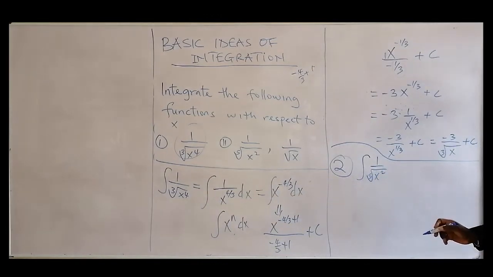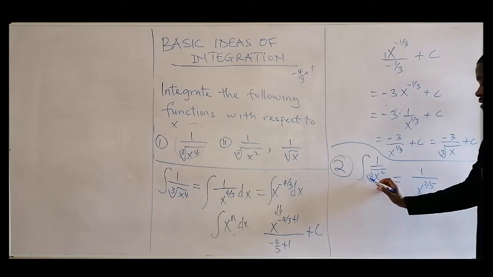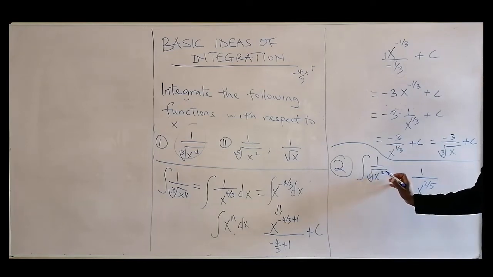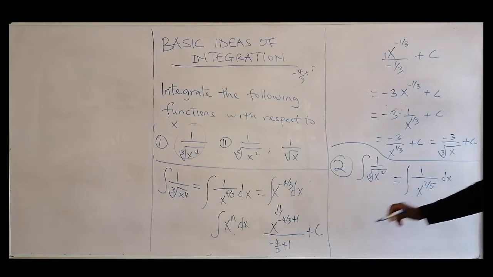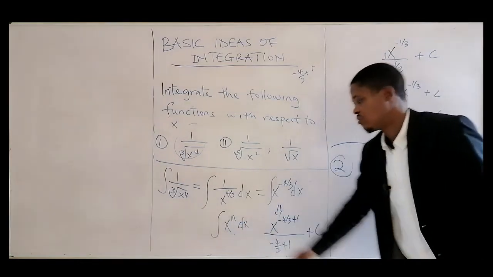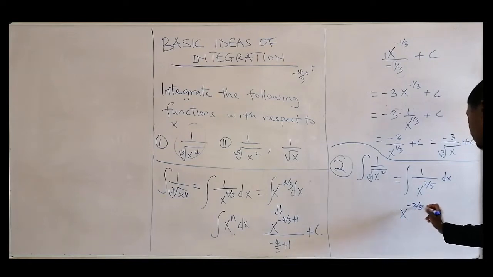Can you remove the radical, which will be equal to 1 over x to the 2 over 5? What you have inside the root will be the denominator of that power. Then let's express this fraction in the form of the standard rule, and that will be equal to x to the minus 2 over 5, integral dx.